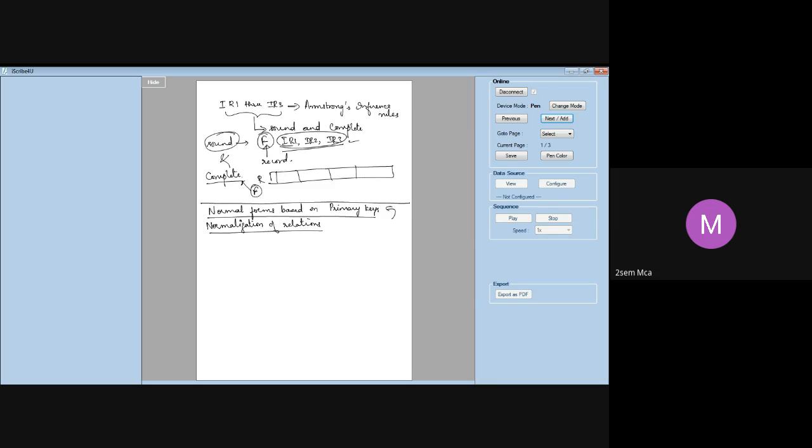Eliminate the data. We are not actually eliminating the data; we eliminate the duplicate data. Not the data itself, the redundant data. Yeah, redundant data. Good. Anyone else?